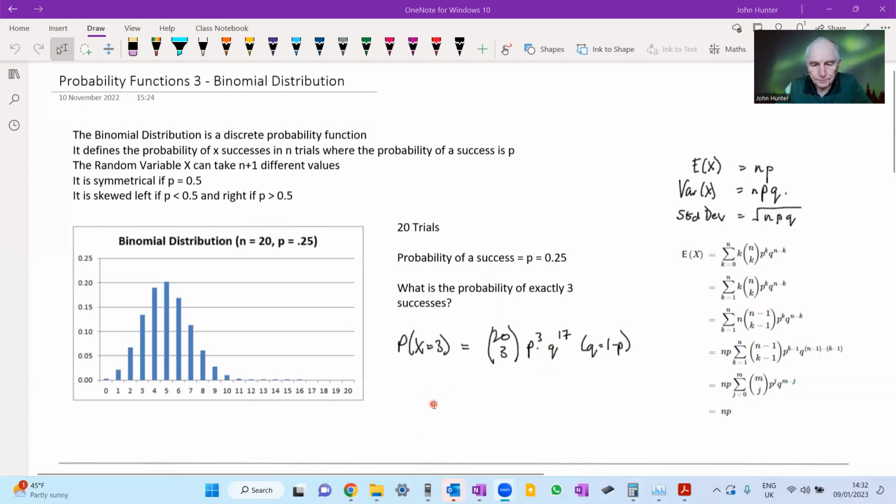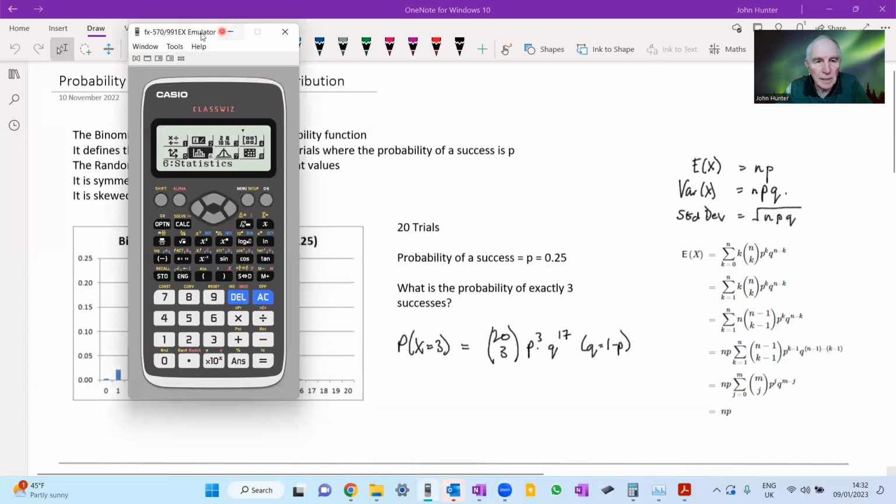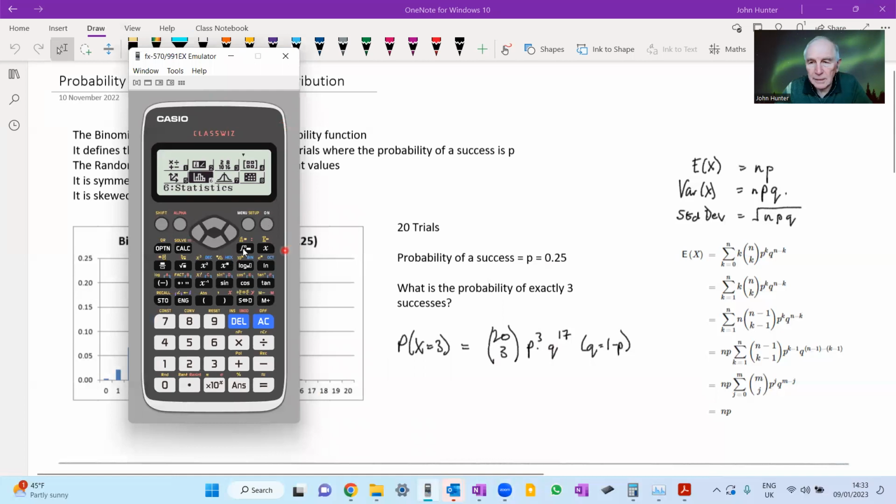However, we're seldom going to be doing that because we've got our calculator. So just quickly to go through the process that we would use here, we go into menu 7.